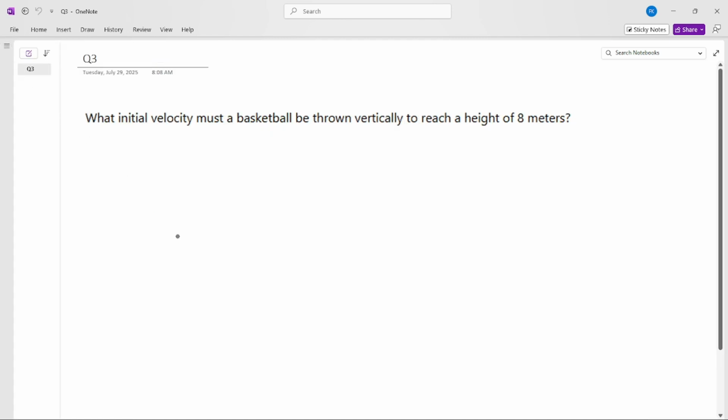What initial velocity must a basketball be thrown vertically to reach a height of 8 meters? Kennedy, are you there? Yes, please. Okay, I'm ready when you are ready. Okay, sir. So my first parameter, I got our height to be 8 meters.